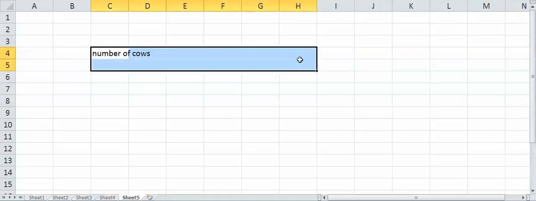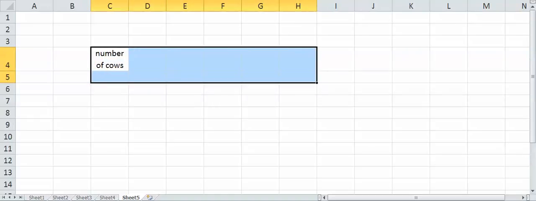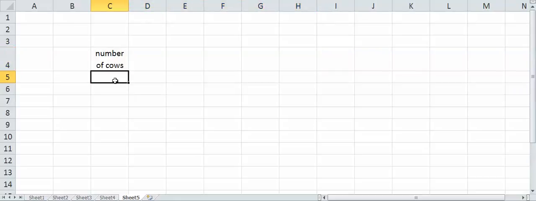I'm going to wrap text here, center. Number of cows in number 6 is I have 150 cows. That's what's given to me. I know that. Days fed, 90 days.